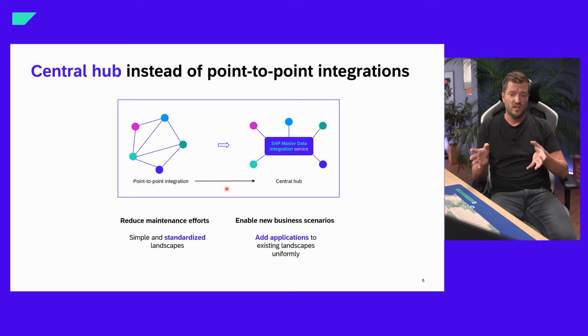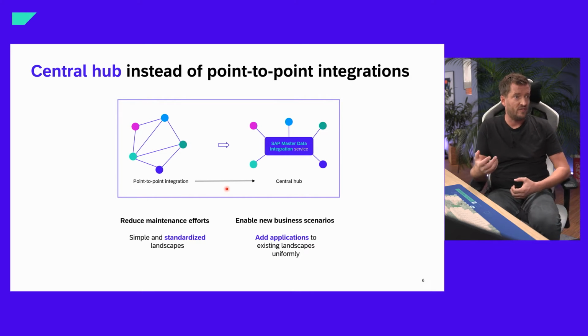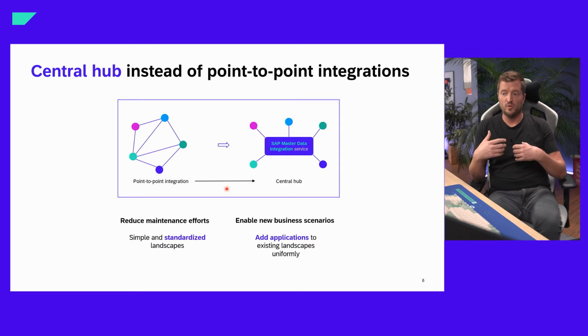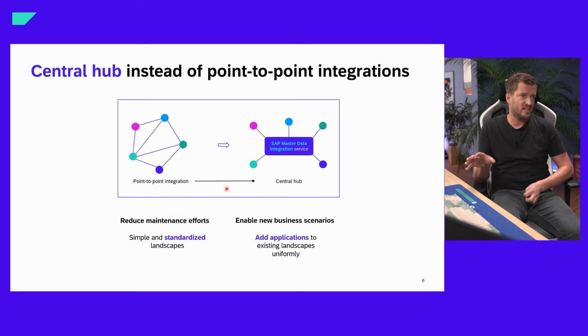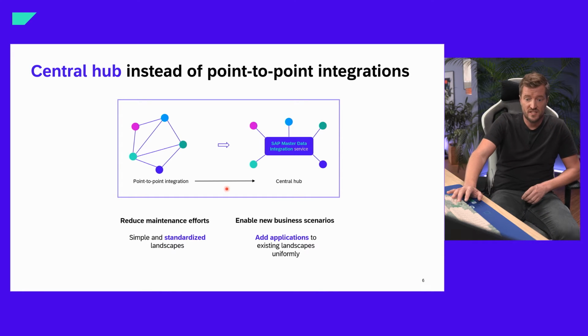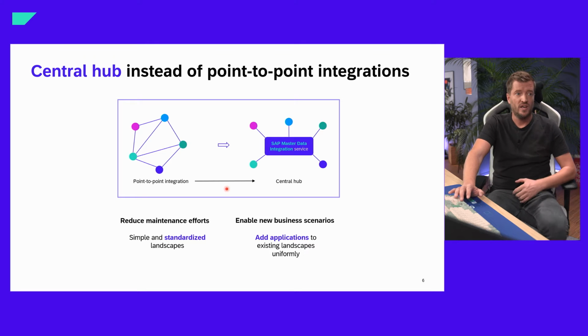So this overall leads to reduced maintenance since there's only one standardized way to integrate with the service, and additionally it leads to improved consistency due to the underlying principle that every connected client and downstream client gets the same state of an object. And this is even enabling new business scenarios, since existing landscapes can be added to the service uniformly. And hence, this is a pretty good step to reduce the overall effort in creating new integration scenarios.